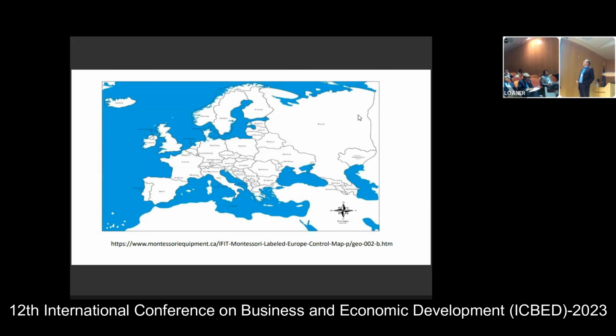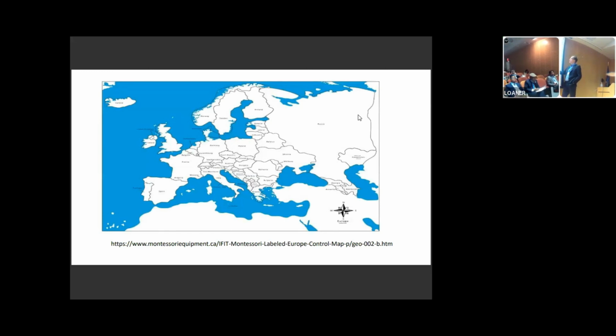And let's see the map, the European map. I see that here is an international community, and maybe not everyone knows where Ukraine, Russia, and so on are. So we have here Russia, just the European part of Russia. Here we have this country, Ukraine. Here we have Belarus, Poland, Lithuania, Estonia, and here we have Germany.